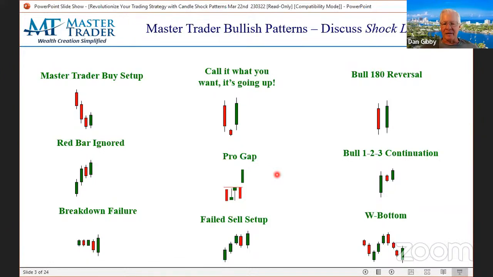I don't want to get off track here, but for example, this is what we call a master trader buy setup, which is a retracement and reversal on support in an uptrend. So we're expecting this.